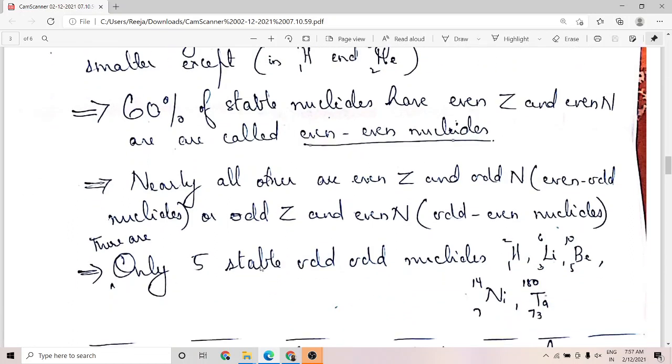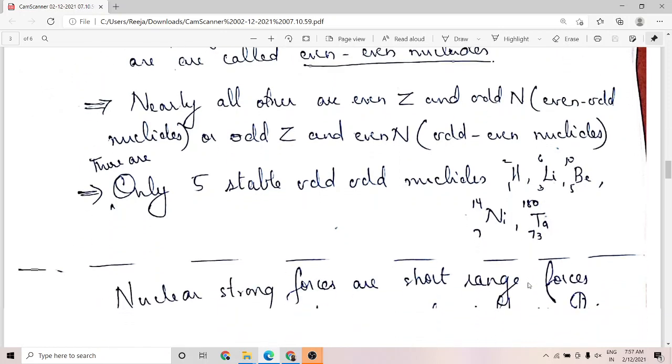Only 5 stable odd-odd nuclides are known. Examples of odd-odd nuclides, meaning odd number of protons and odd number of neutrons, are H 1 2, lithium 3 6, beryllium 5 10, nitrogen 7 14 and tantalum 73 180, which are the only stable odd-odd nuclides.